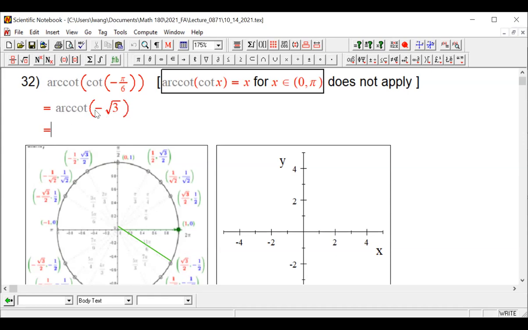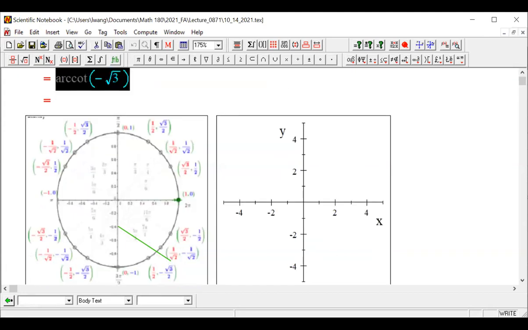ArcCotangent is defined on all real numbers, so this should give us an angle. But this angle has to be between 0 and pi. So what other ratio will also give us negative root 3? We have 1 over here.